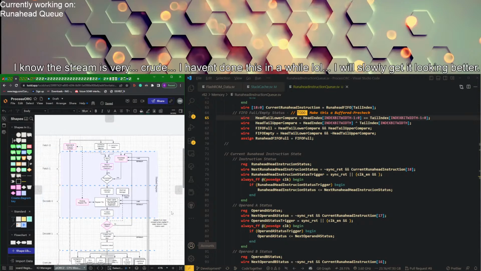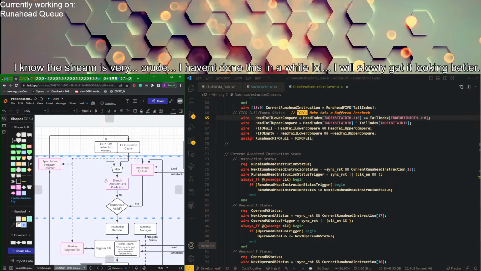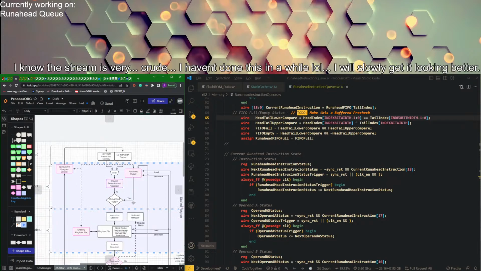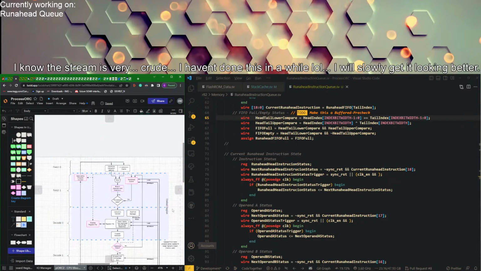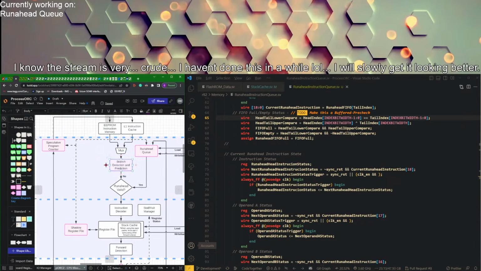There we go. I like this diagram a lot now. Someone made a SUBLEQ-like programming game. That's wild.